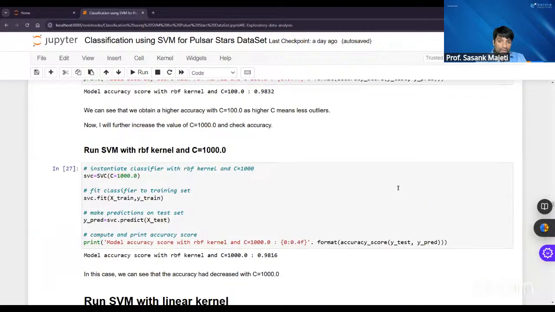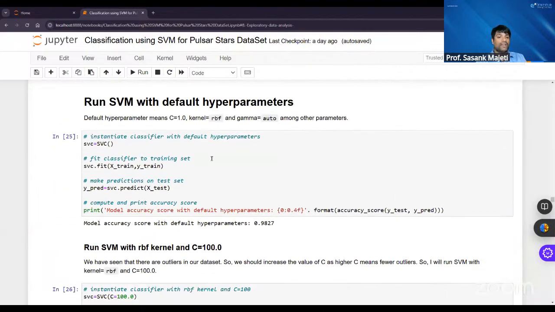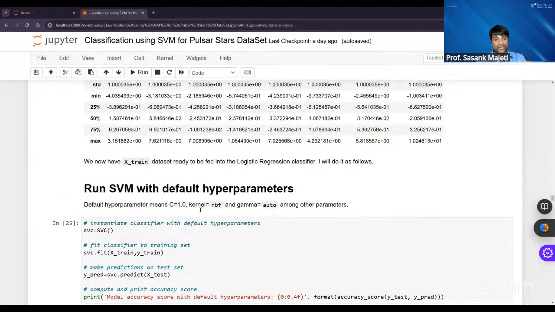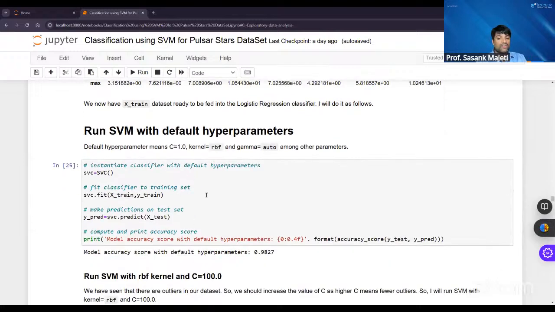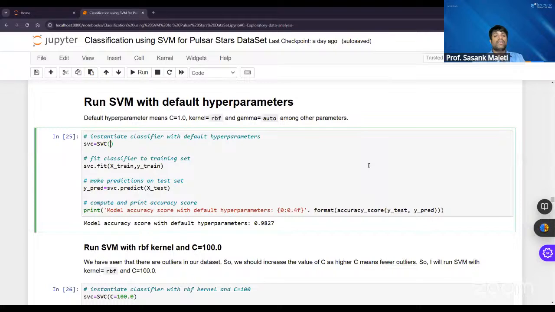Before that, we are doing it with the normal hyperparameter, which is C equal to 1.0. If you don't give any C value, it basically takes the default C equal to 1.